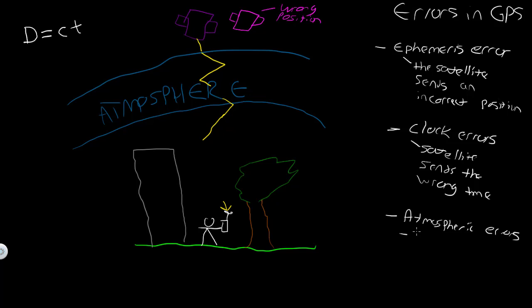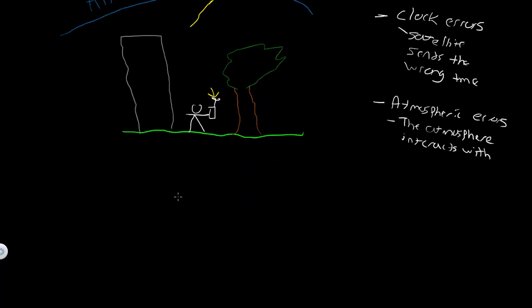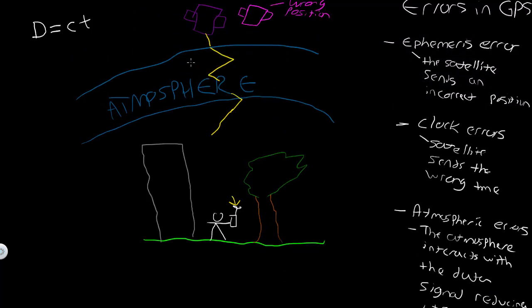So this is when the atmosphere interacts with the data signal, reducing its accuracy. Again, you have to realize that what's happening here is it's physically delaying the signal from reaching the user. And because we're not accounting for this, it's going to artificially increase the time, which is going to artificially increase the distance. So that's atmospheric errors.